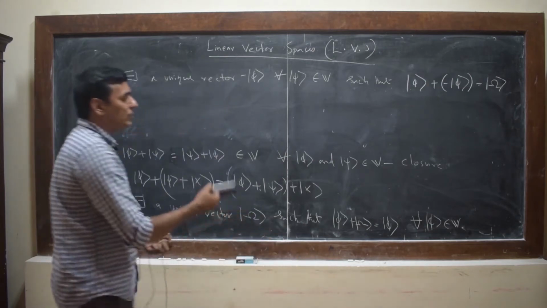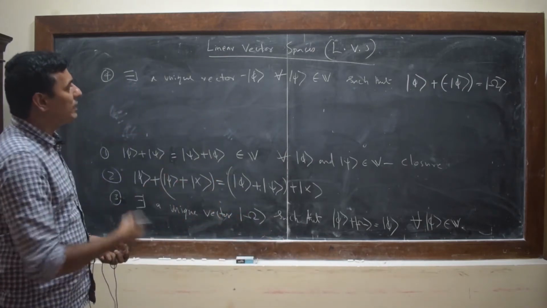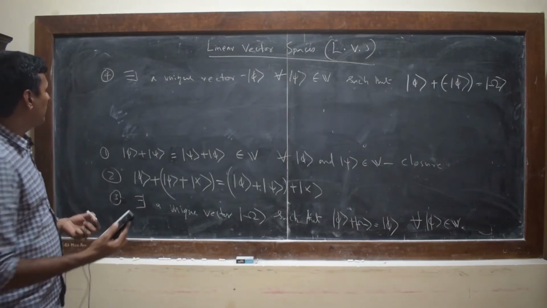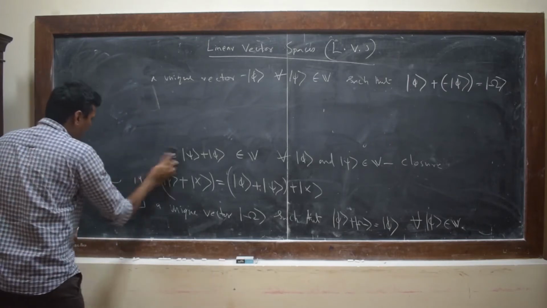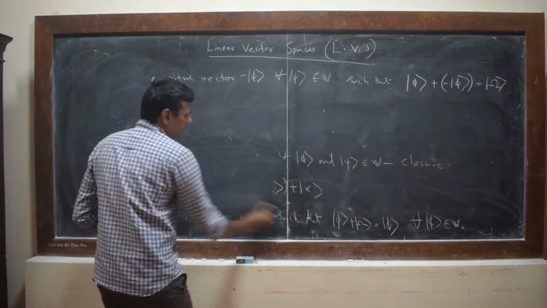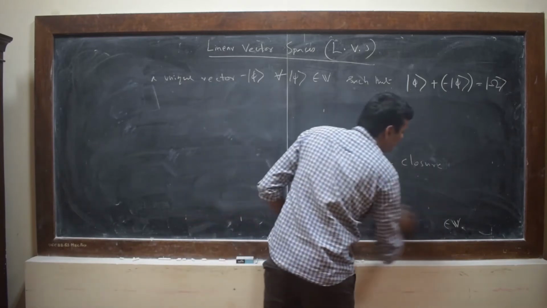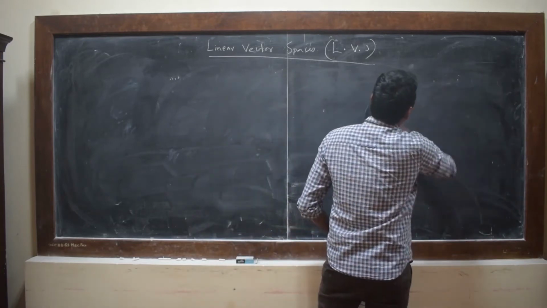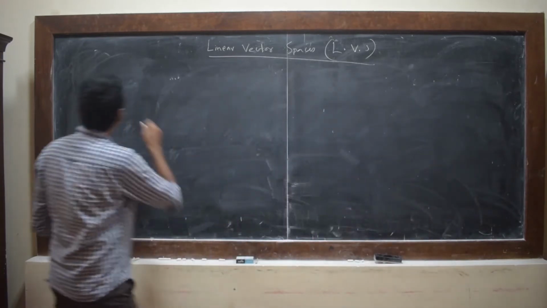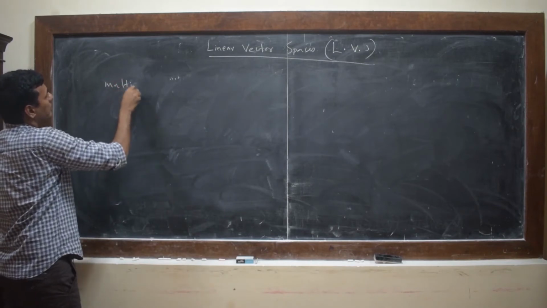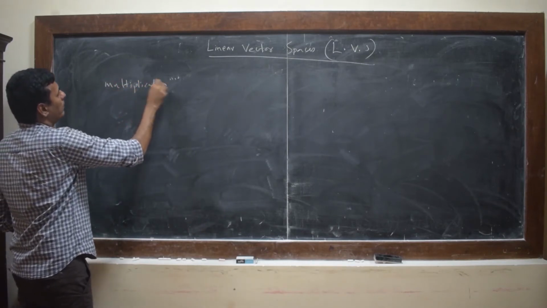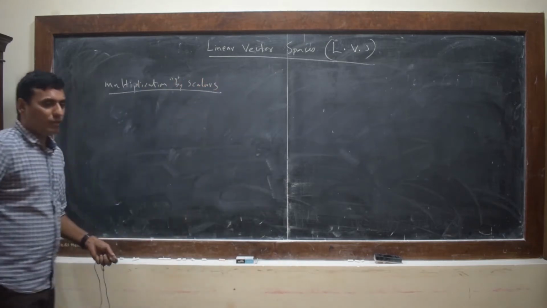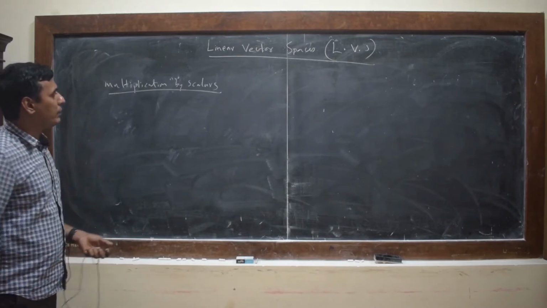In addition to the addition of vectors, in a vector space you can have another operation, multiplication by scalars.